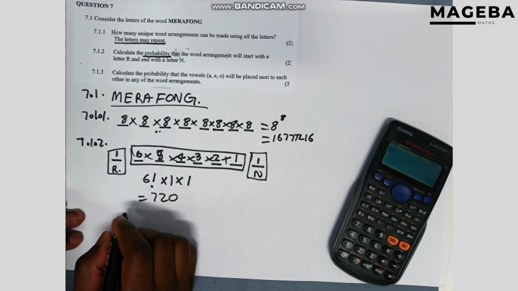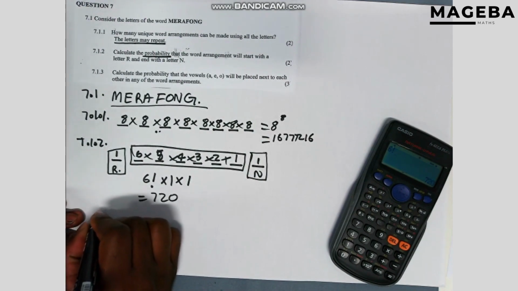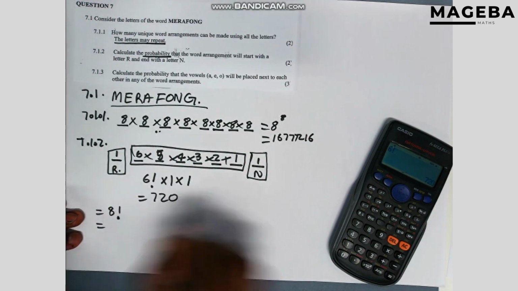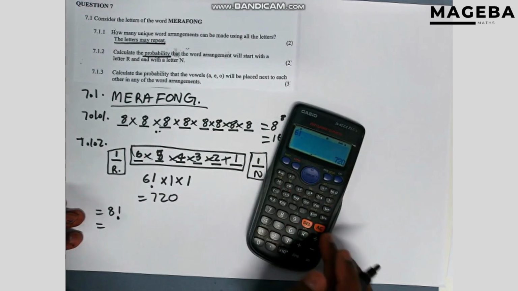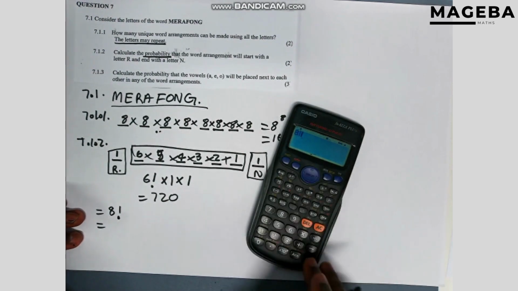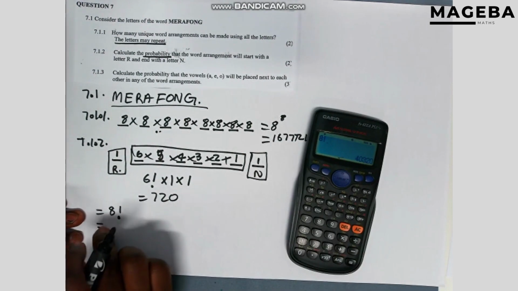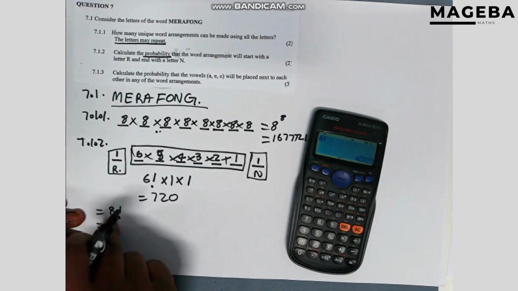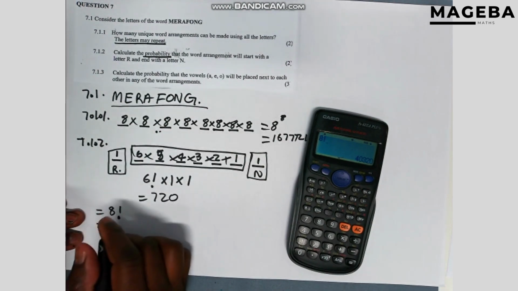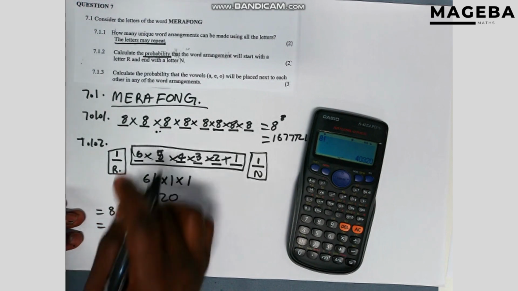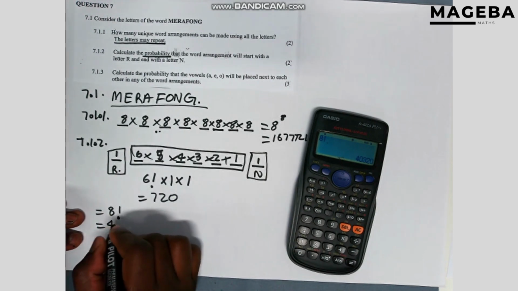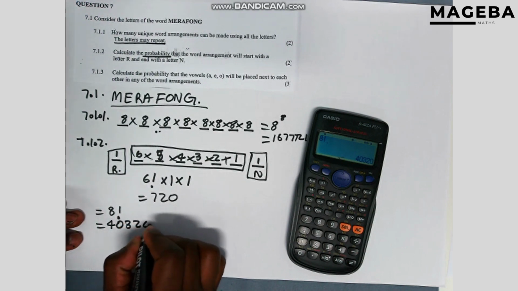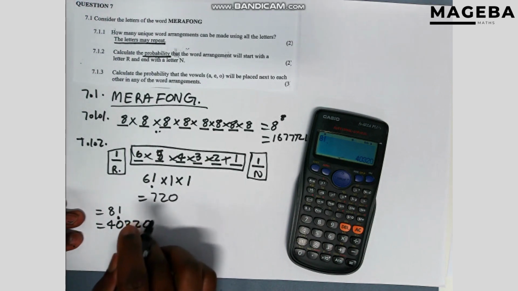I have 8 letters, so I need 8 factorial. Don't confuse this when you're finding the probability. We use the one where the letters are not repeated.